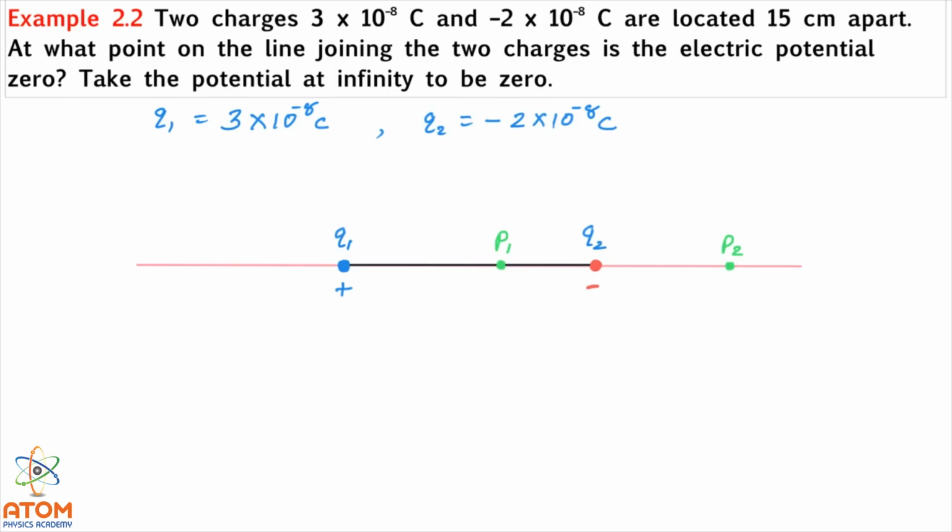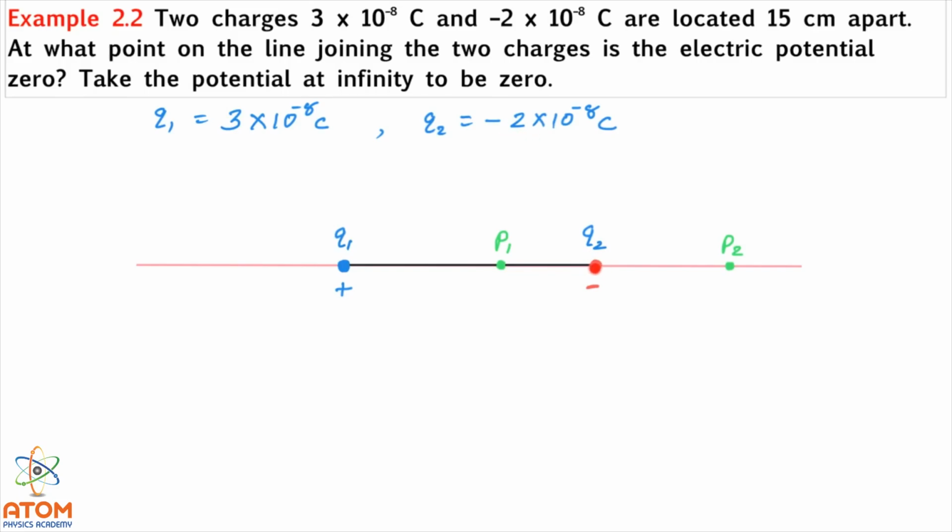Now you can obviously think that in that case here also the same thing is going to happen, but the answer is no. Definitely due to this positive charge here the potential will be positive, and due to this negative charge the potential will be negative. But one more thing. Charge wise this charge is larger, 3 into 10 raised to minus 8, so the potential here will be positive but having a large value. And this Q2 is minus 2.